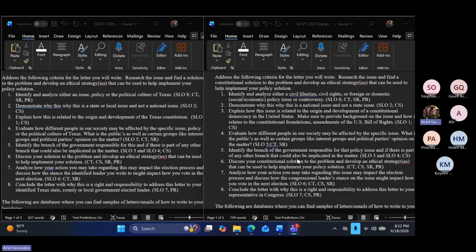But yeah, if we're going back to border security on the federal side, like we mentioned before, it's mentioned clearly in Article 1, Section 8 that Congress has the responsibility to pass rules of naturalization.